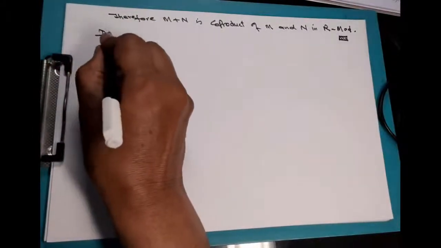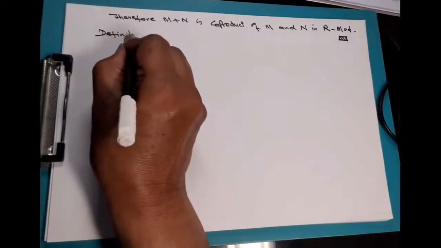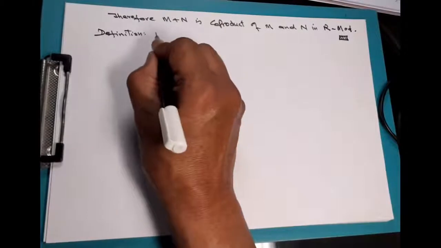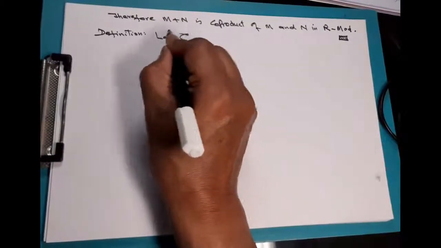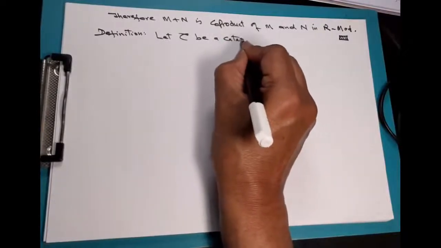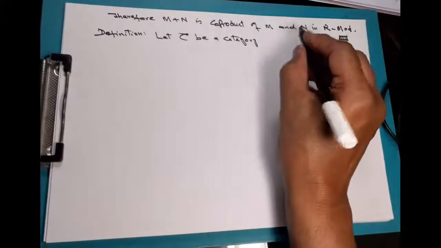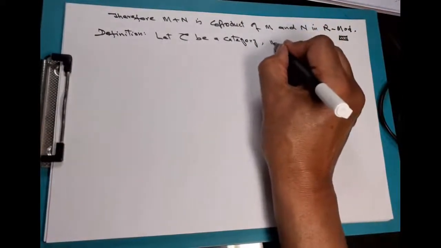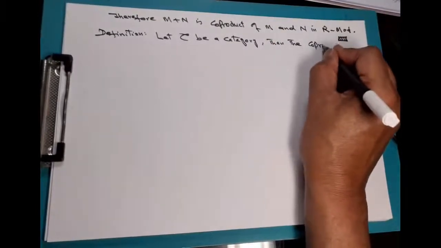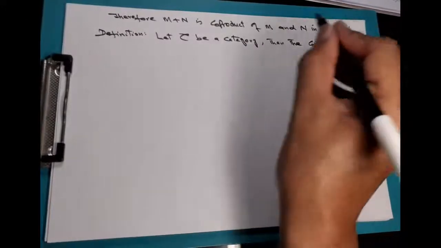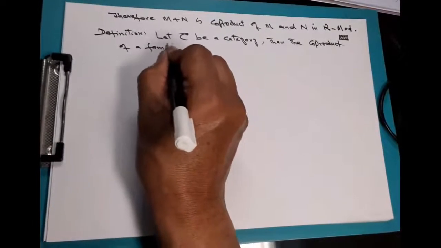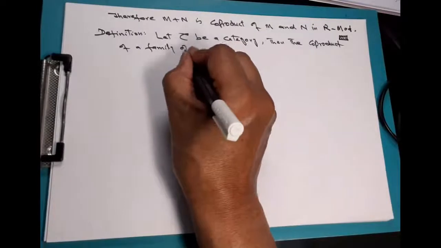Definition: let C be a category, then the co-product of a family of objects.